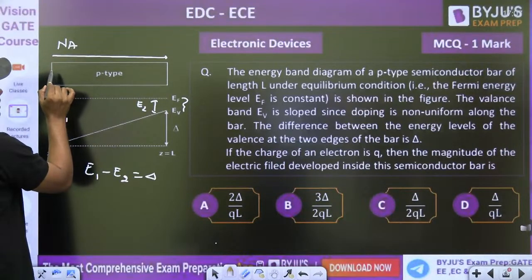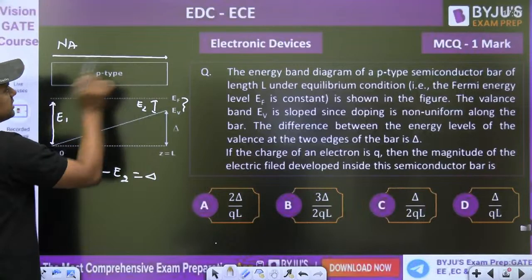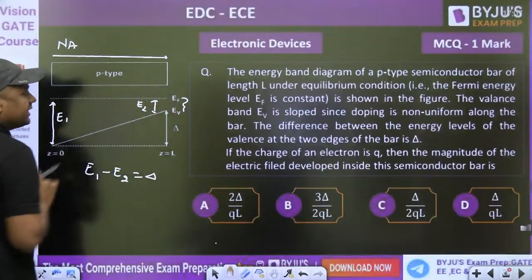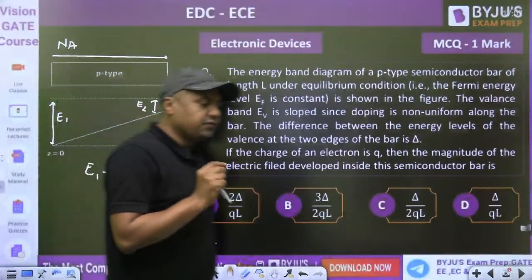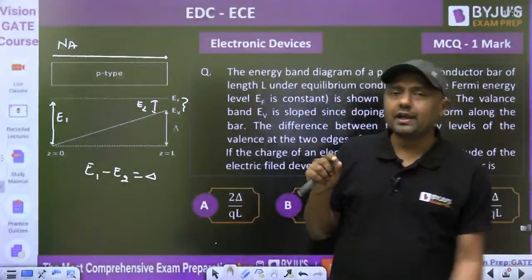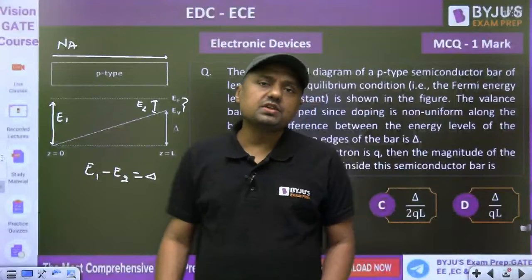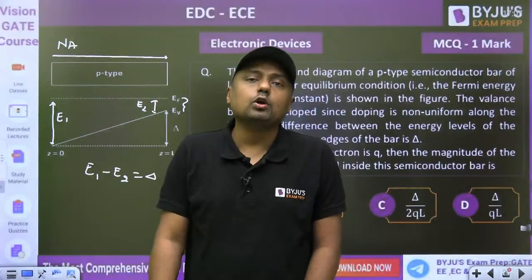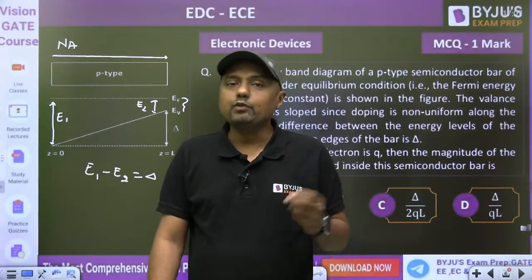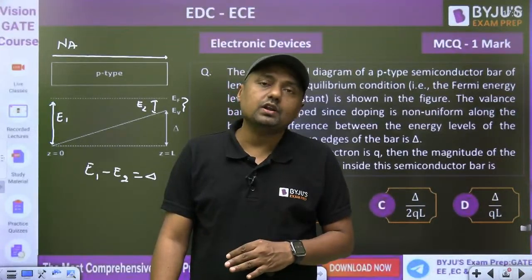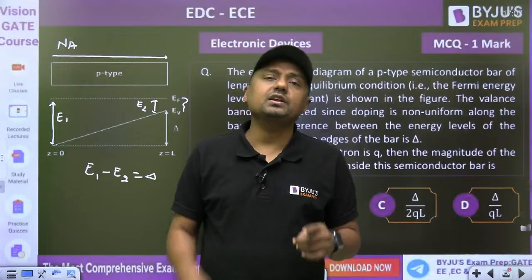At this point the concentration is less, at this point the concentration is more, that's why this gap decreases. And the difference is del, which is in energy. When it is divided by Q, you will get volt. And when the volt is divided by L, you will get the electric field inside the bar.